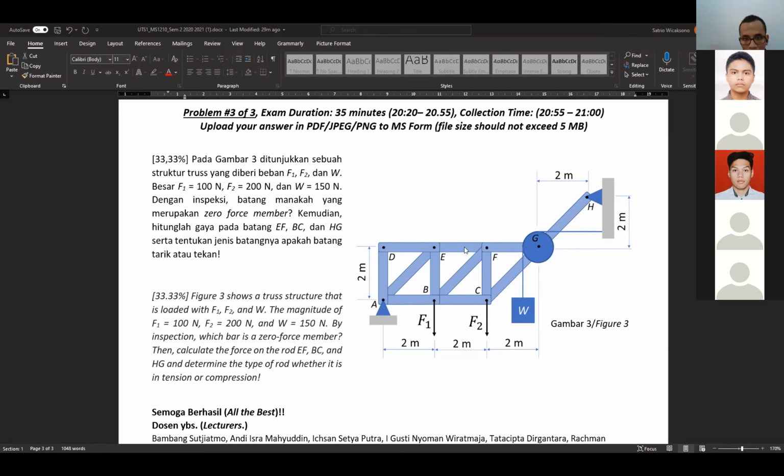The force on the rod EF, BC, and HG. Where is H? Oh, HG, this one. So EF and BC.